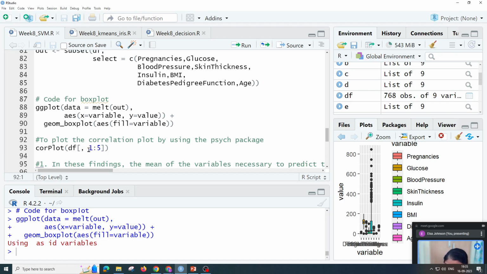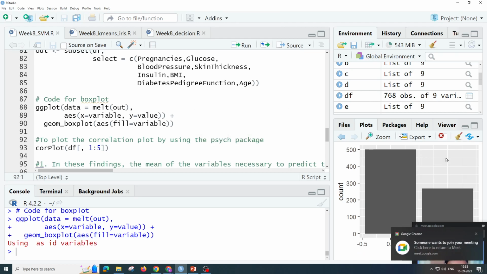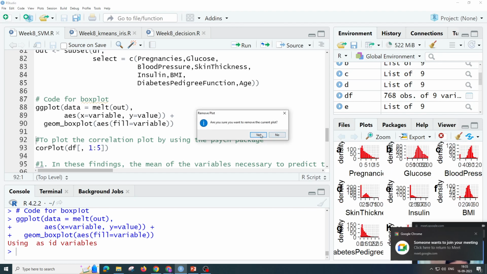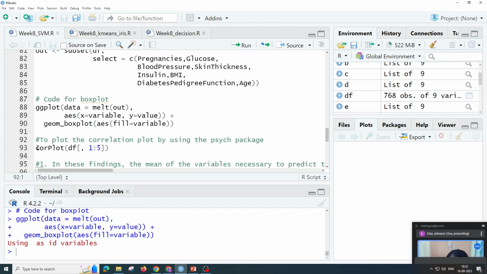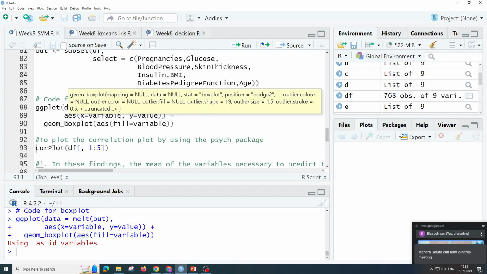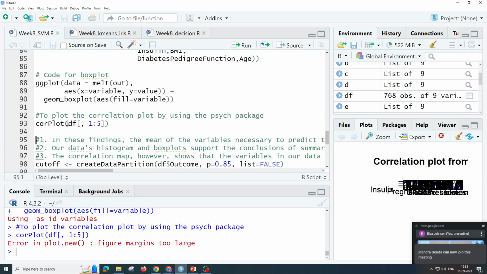Now another thing, you have to see the correlation, okay? Earlier someone mentioned the scatter plot. From the scatter plot you can just see the different distribution, that is right. But if you want to know the values, you have to do a correlation plot. So right now I am doing it as a plot, okay?